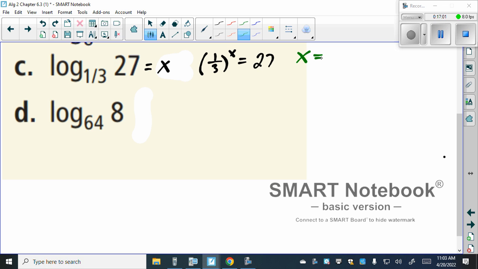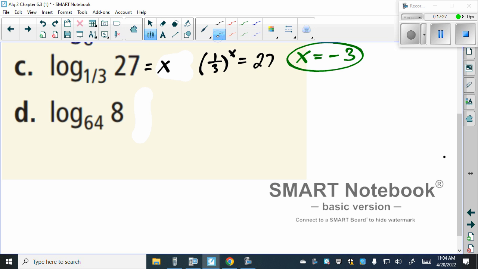It's going to be negative, because we're moving from the bottom of the fraction to the numerator. What times, or 3 to what power is 27? So log base 1/3 of 27 is -3. Because we're saying 1/3 to the -3rd is 27.